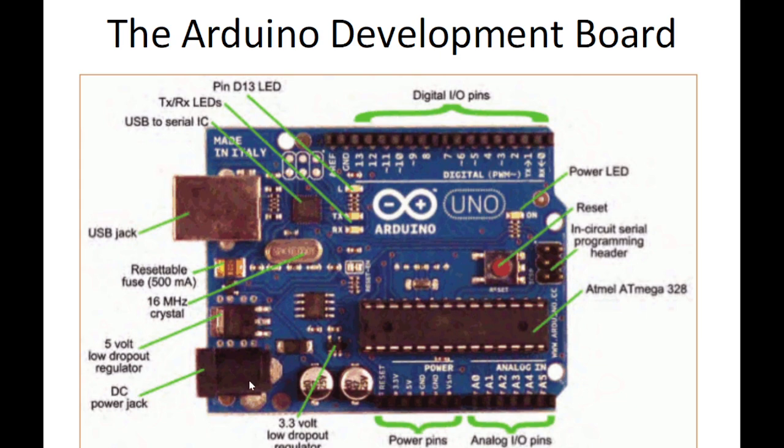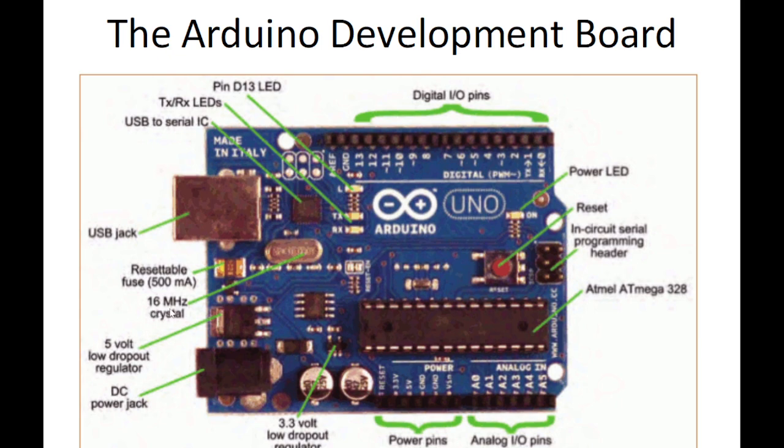Or even if you don't want to use this, there are external ways you can connect to power up your Arduino board. Okay, so there are multiple ways to power up the Arduino board.